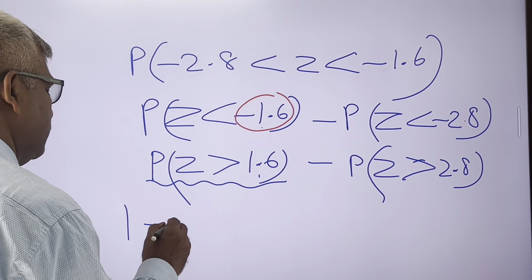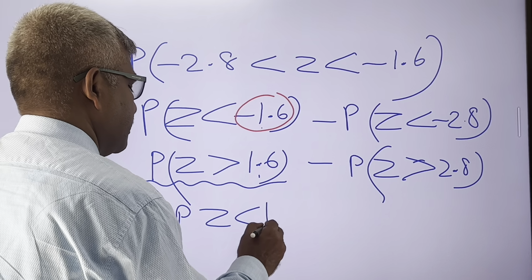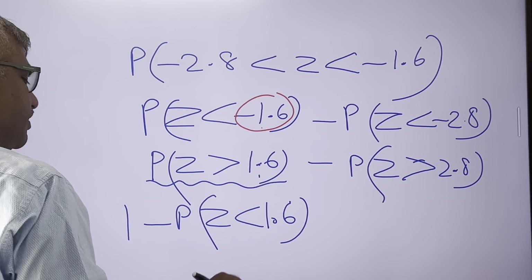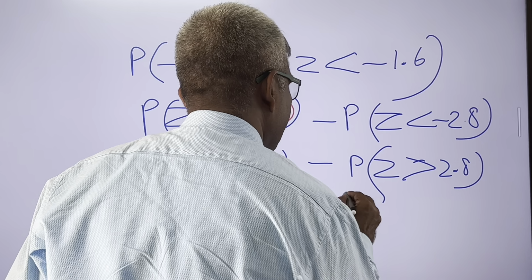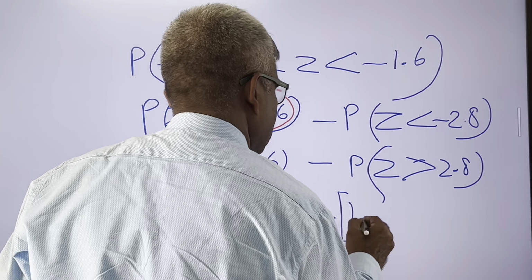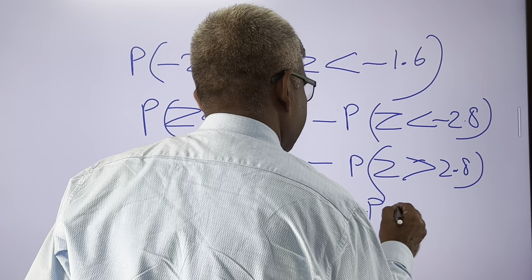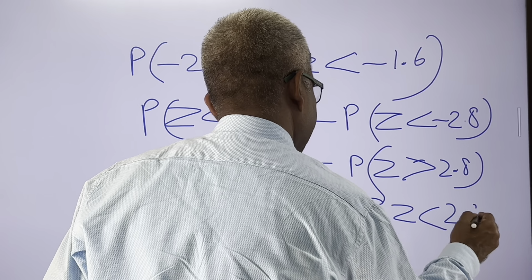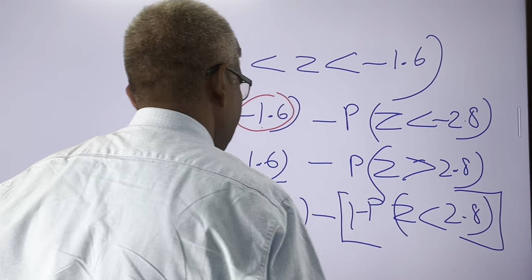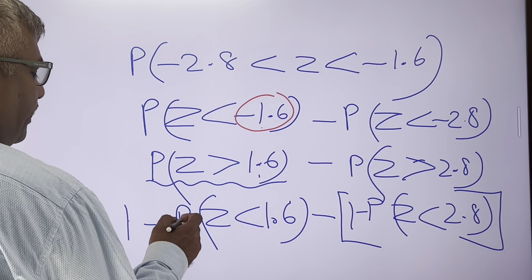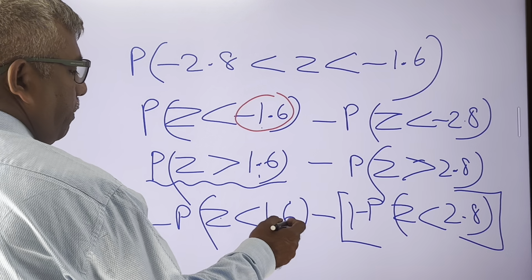Another formula, 1 minus Z is less than 1.6. Here minus, open the bracket: 1 minus probability of Z is less than 2.8. Okay, 1 minus probability of Z is less than 1.6.